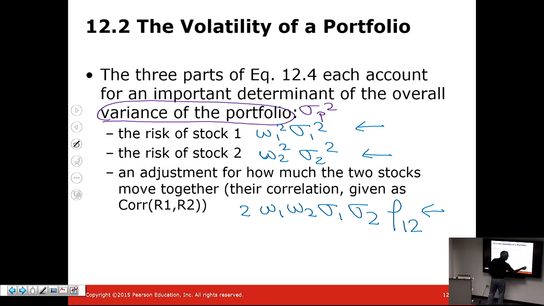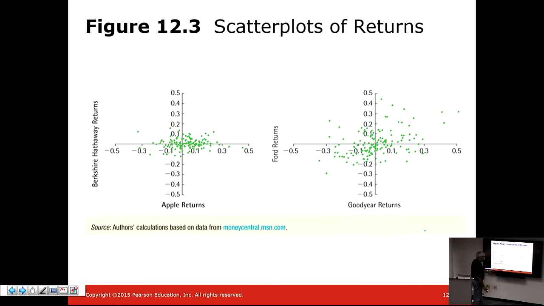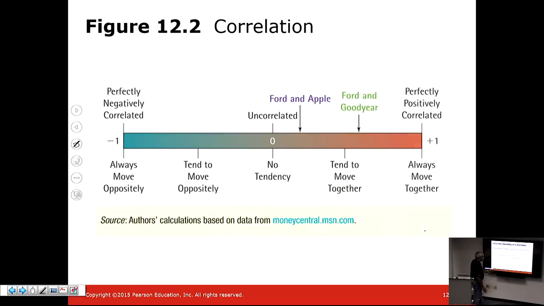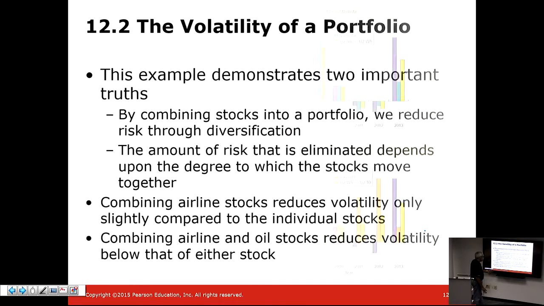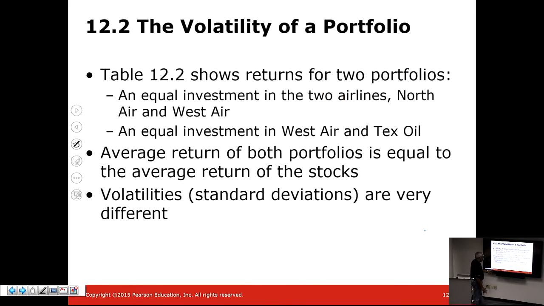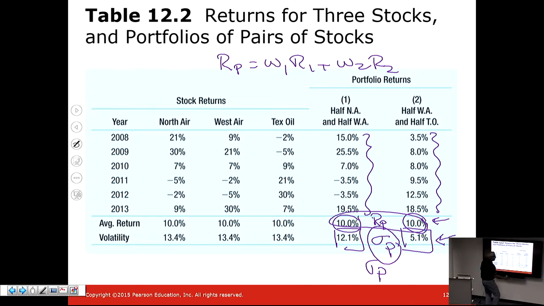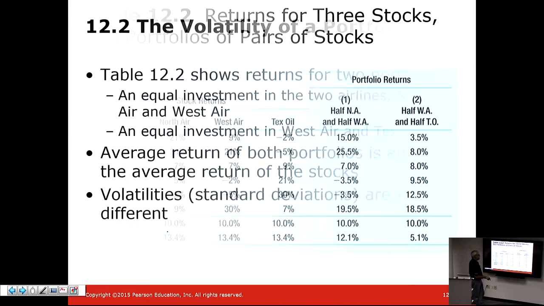Because this part, if it is anything other than +1, will reduce the overall risk of the portfolio. That's why in this table, the risk of these portfolios was less than the individual risk of any of the stocks, because of that correlation.